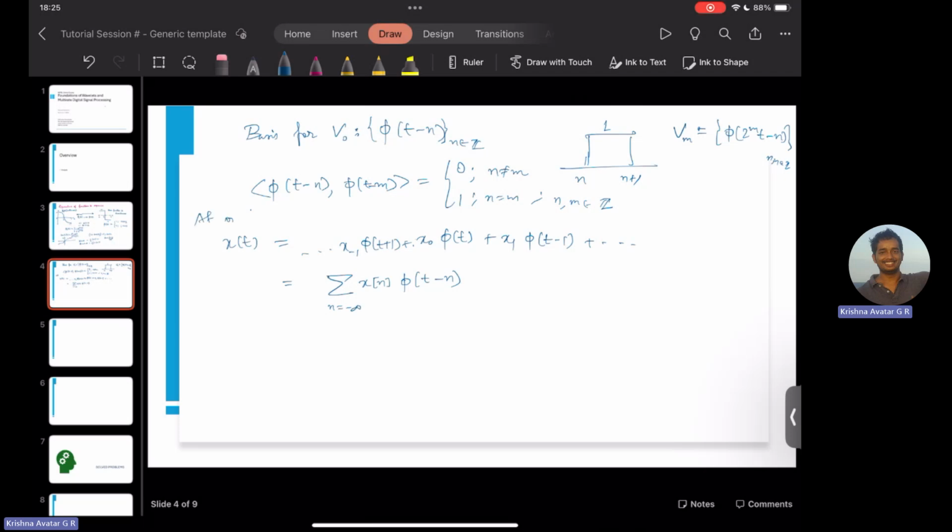This is at one level of our resolution, where the basis function happens to be. Define the space V naught.